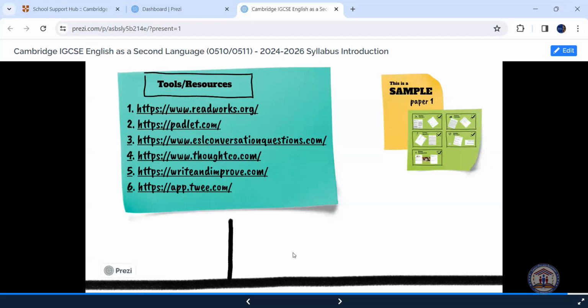Why? Because, as I said, the new syllabus is applied just for this year. This is the beginning, so no past papers. Past papers come from past exams. That's why there is no past paper for the new exam.